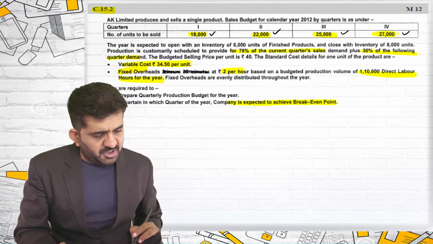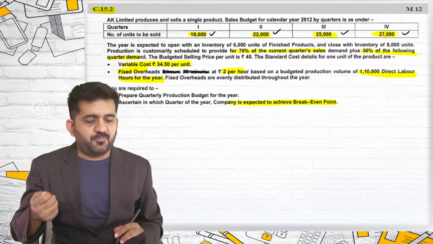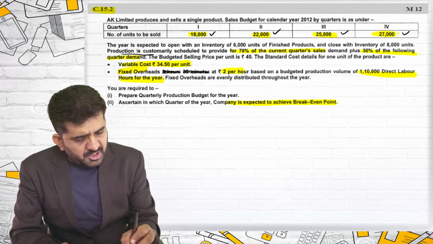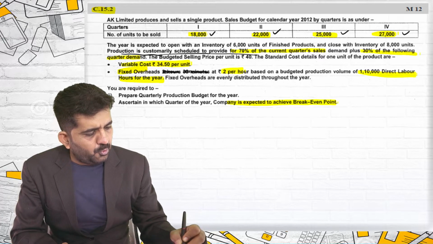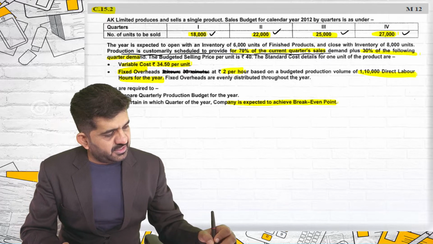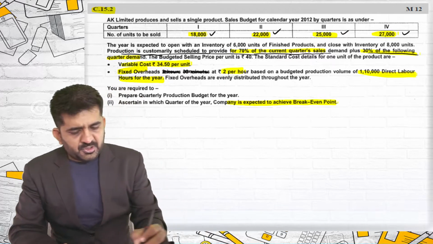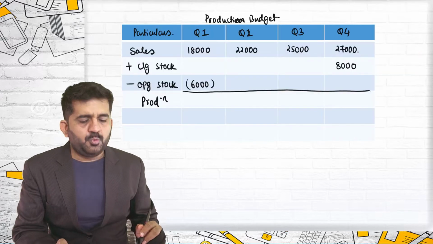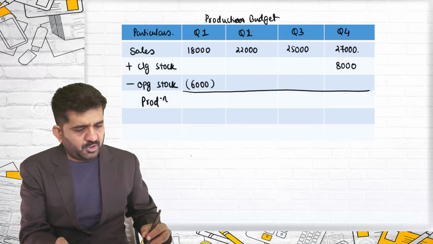These two pieces of information are given. Even production information is given. What is production information? The production is customarily scheduled to provide 70% of current quarter sales demand plus 30% of following quarter demand. So how much production will you be doing in first quarter? Try to concentrate.